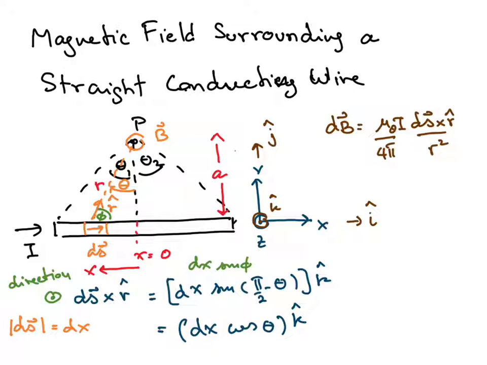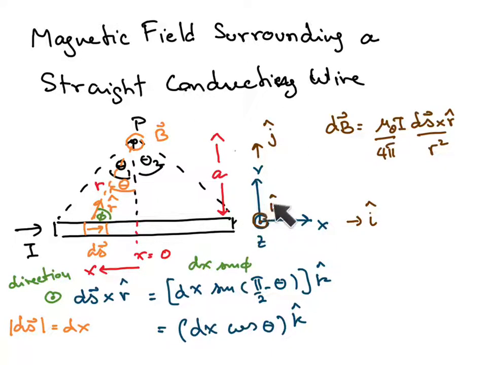So when we know that ds cross r points out of the paper or out of the screen, you can see that the direction of ds cross r is the same direction as the unit vector k, right? From our definition of the coordinates, the z axis points out of the plane.